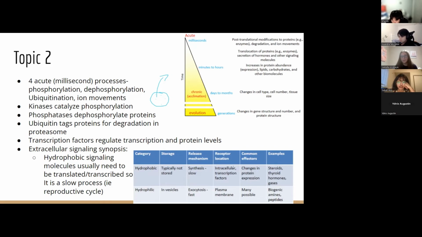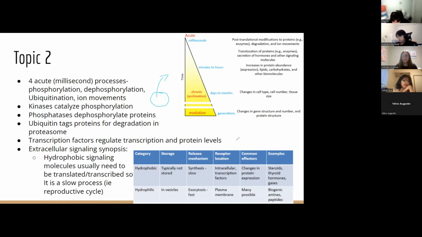The receptor location is usually inside the cell, and transcription factors might be an example. Common effectors are change in protein expression, because like I said, hydrophobic will be, for example, in the nucleus.